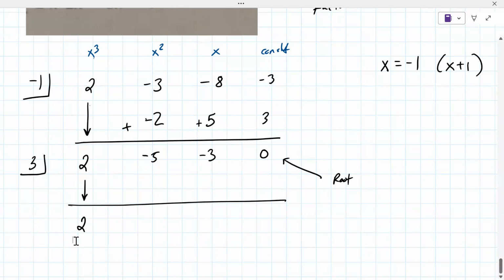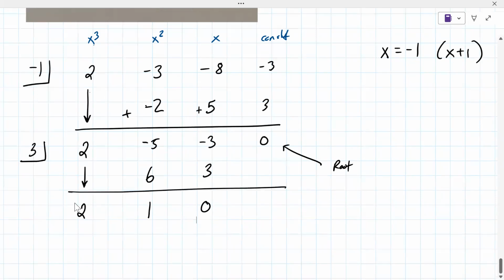Take that number 2, multiply by 3. That would be 6. What is -5 plus 6? 1. Take the 1 and multiply it by the 3. That would be 3. And you got a 0 here again. That would be the root.